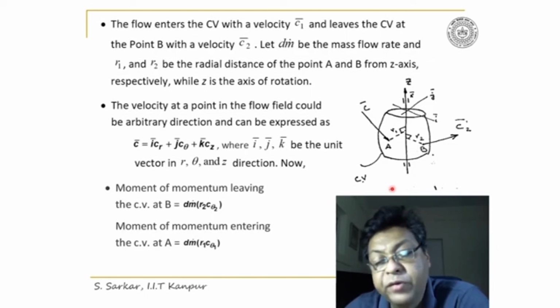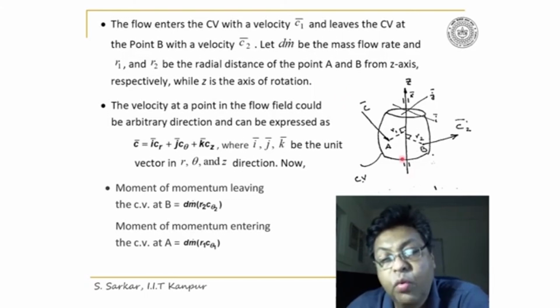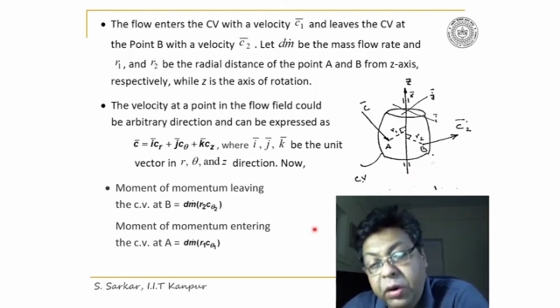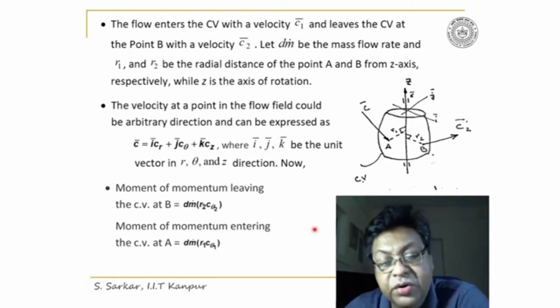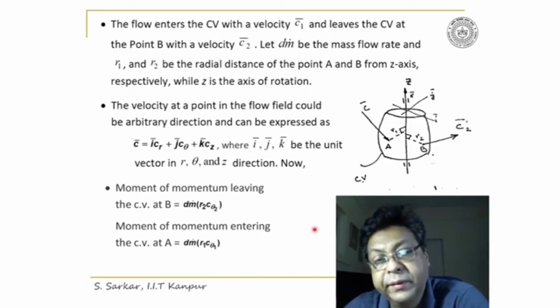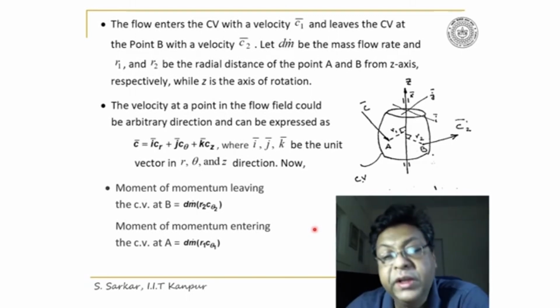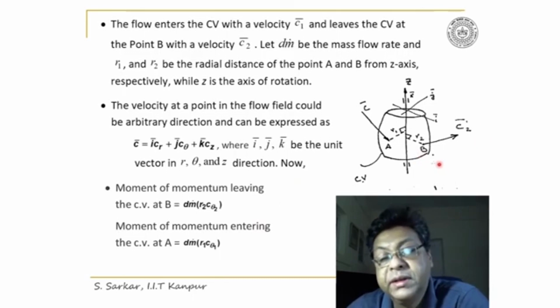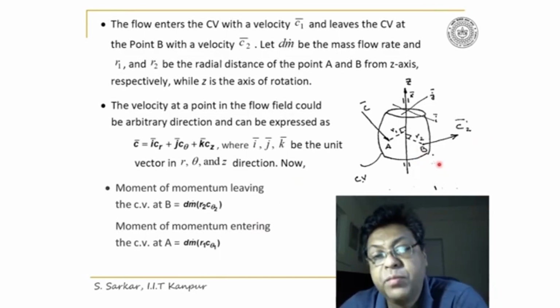And as I have told, the control surface is taken away from the impeller so that the property is uniform. And let us consider C1 is the velocity entering the control volume at point A, and C2 is the velocity leaving the control volume at point B.